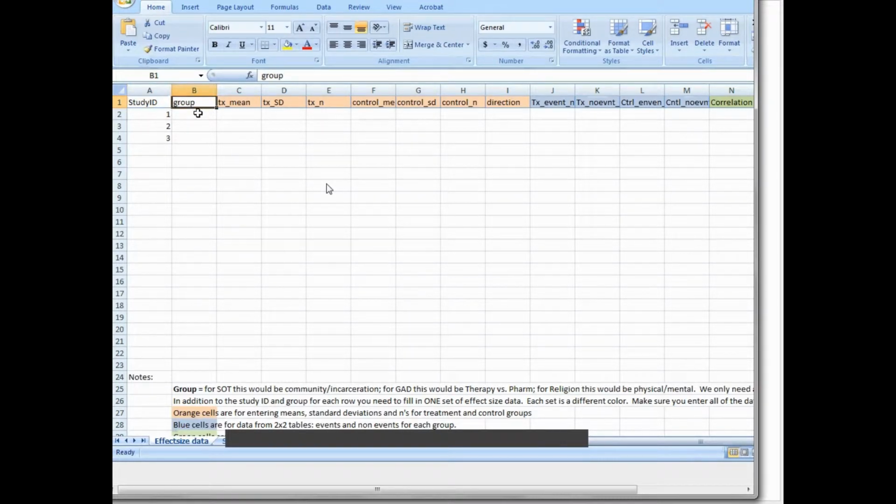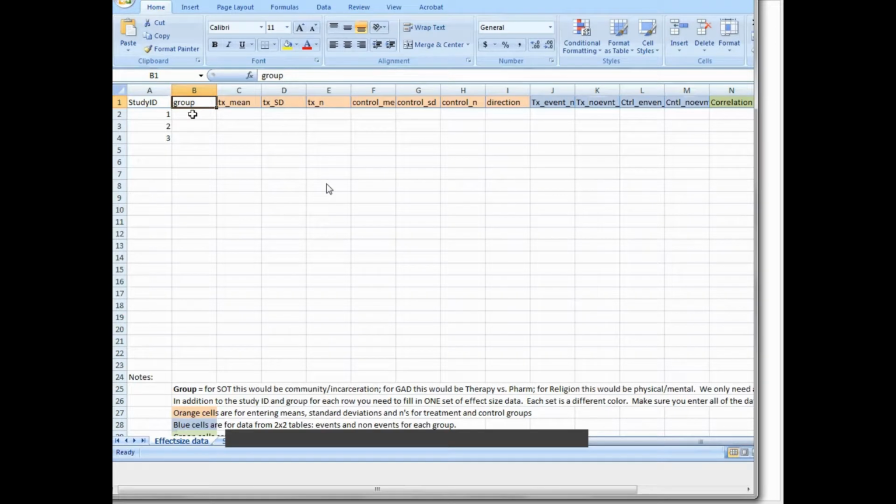For each one of the groups this time, you have some sort of grouping variable. For the sex offender treatment group, this would be whether it was a community-based intervention or an intervention during incarceration. For the generalized anxiety disorder group, this would be whether they were in psychotherapy or pharmacotherapy, what sort of treatment you were looking at.